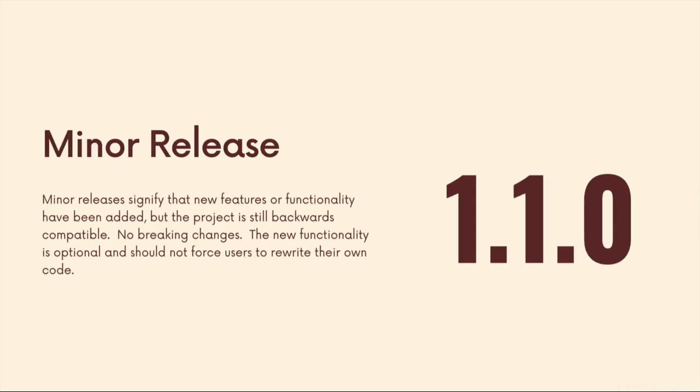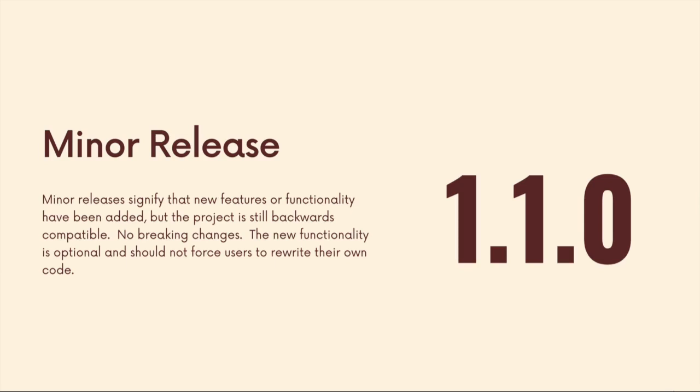Then we have minor releases. Minor releases signify new features, new functionality that's been added, but everything is still backwards compatible, no breaking changes. Typically, new functionality, new features will be optional in a minor release. It's just like, hey, here's some new stuff, but you don't have to completely reconfigure everything you've done as a user.